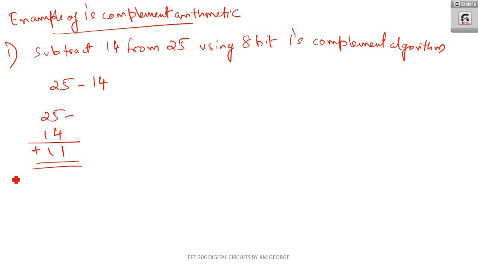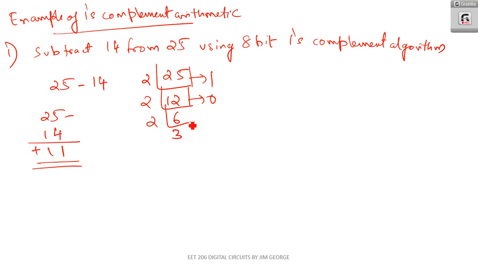Now first you convert 25 to binary. 25 divided by 2 is 12 with remainder 1. Again divided by 2, 6, remainder 0. Divided by 2, 3, remainder 0. Divided by 2, 1, remainder 1. Divided by 2, 0, remainder 1.